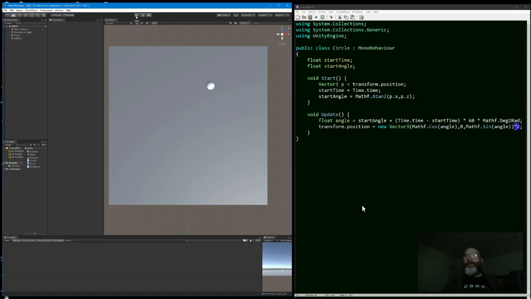Now, I said I wanted it to start at the right angle, and I've gone and used the atan2 function, which Dino assured me would work, and look. So what you've got now is a problem that something is wrong with the maths.